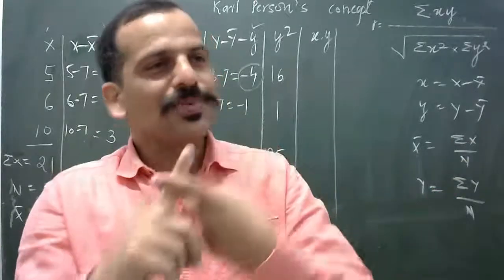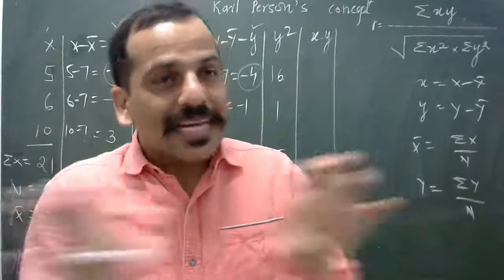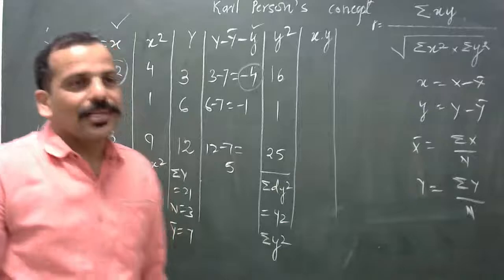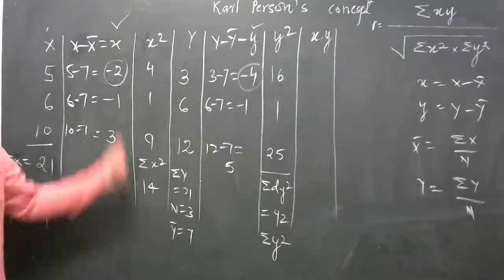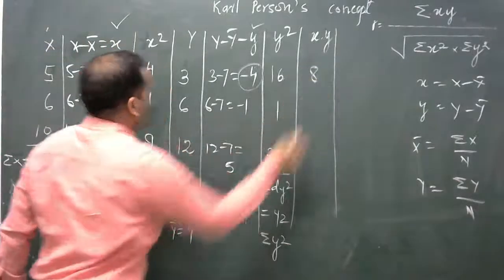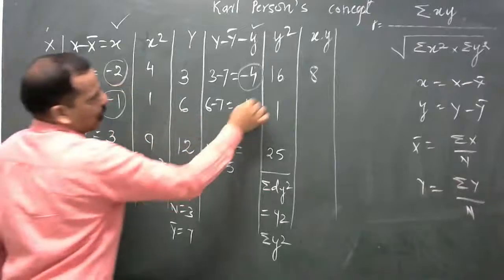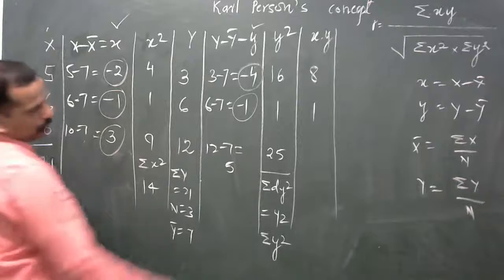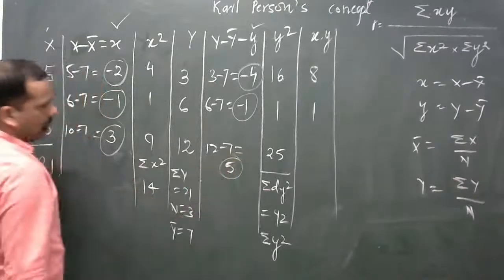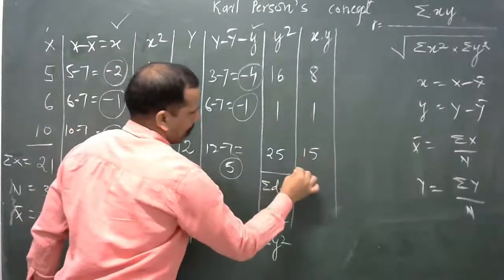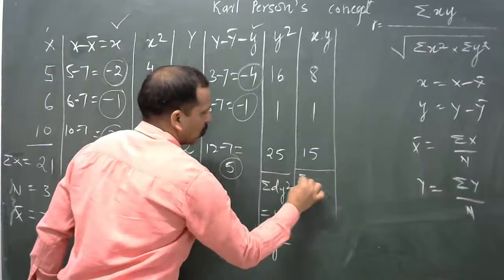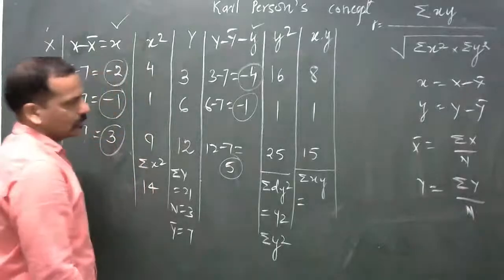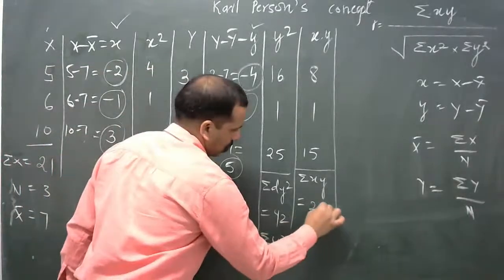So minus minus will be plus, means addition. Okay, 8. Next one, minus 1, 1, 3 into... summation x into y is 24.